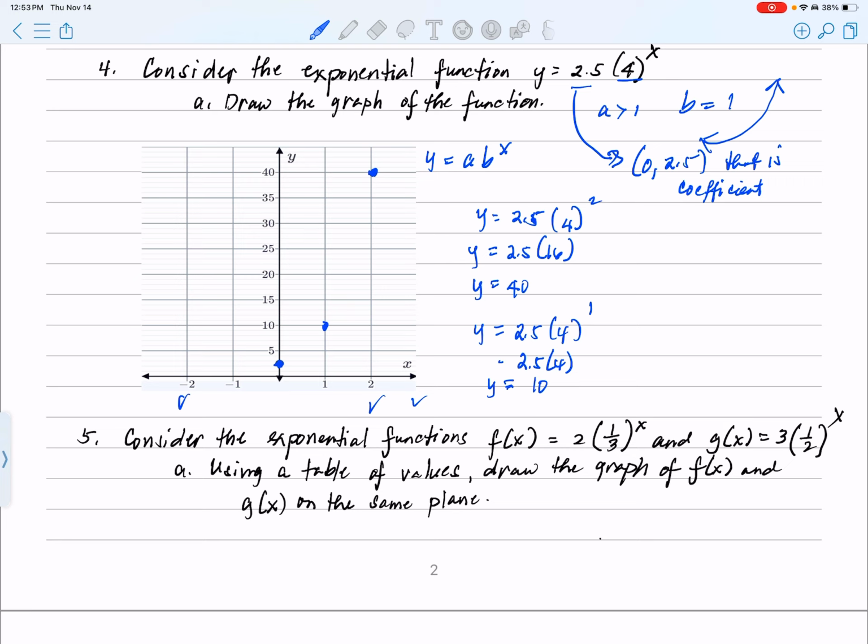Negative 1. y would be 2.5 times 4 to the negative 1. When we have a negative exponent, we want to get the reciprocal to make it positive. So y is 2.5 divided by 4.